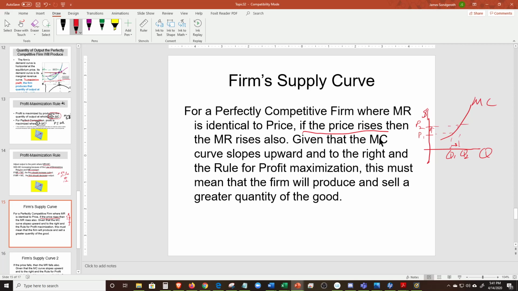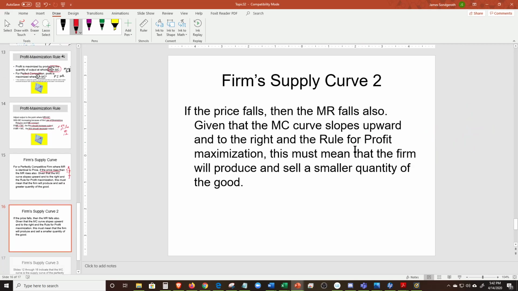This is marginal revenue 2, and this is marginal revenue 1. If the price is here, the firm will produce Q1. If the price goes up, the firm will increase output to Q2. So it will produce more.